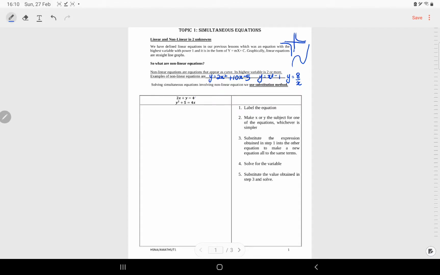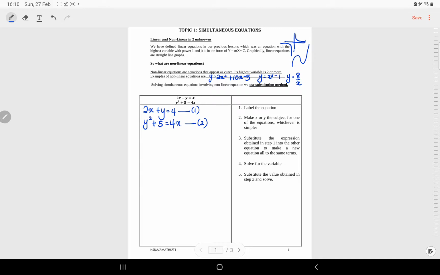The first step is to label the equations. We will always label our equations. That will be our first equation, and the second equation is y squared plus 5 equals 4x. Next, you make x or y the subject of one of these equations. For example, I can take equation 2 and make x the subject, but notice that I have a coefficient of 4 here.